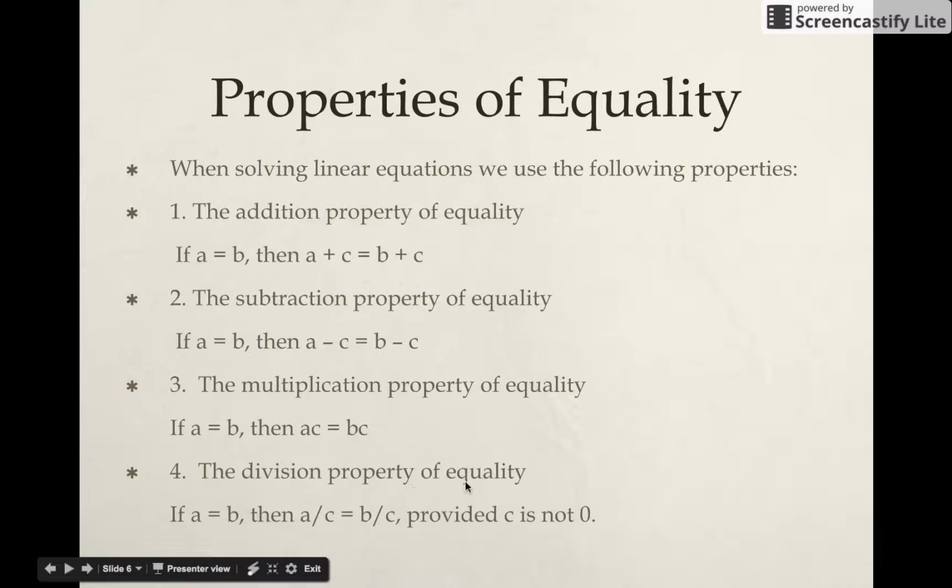The division property of equality states if you have a statement of equality like a equals b, and you divide both a and b by the same quantity, which we're calling c here, then you'll still have a statement of equality, provided, of course, that c is not 0. C can't be 0 because we cannot divide by 0.